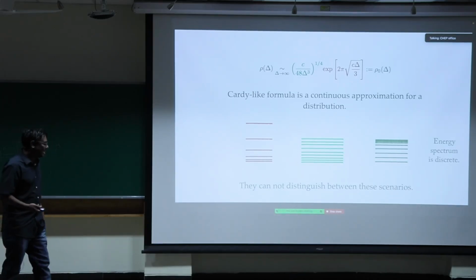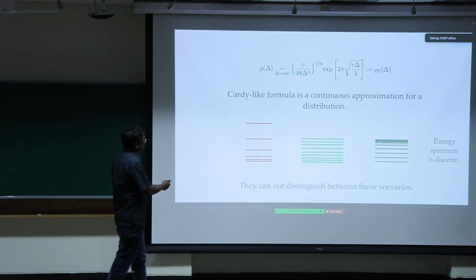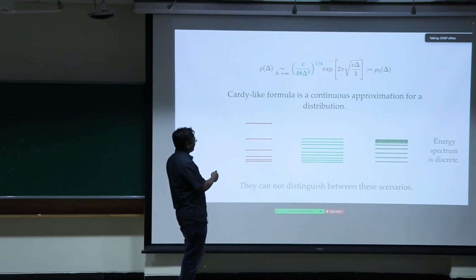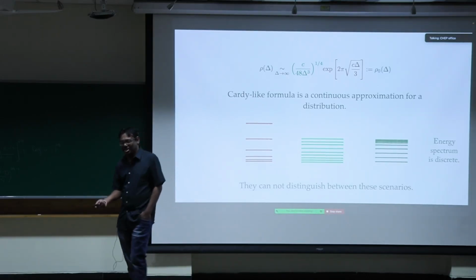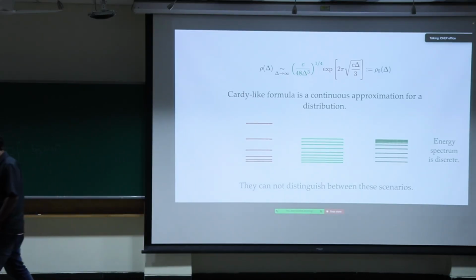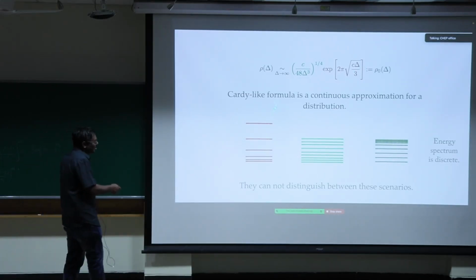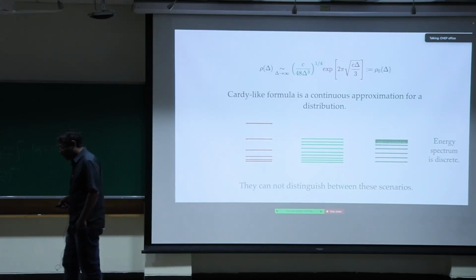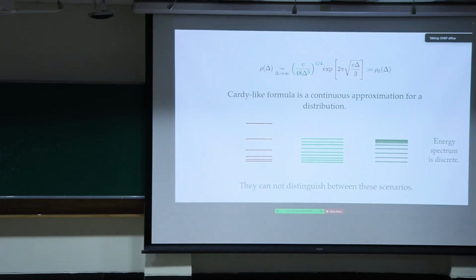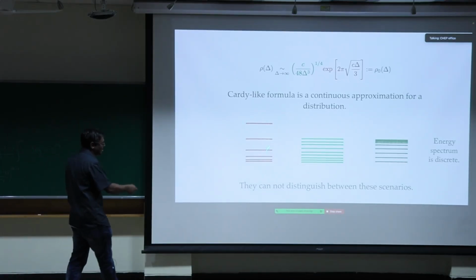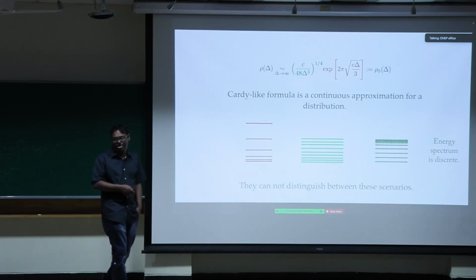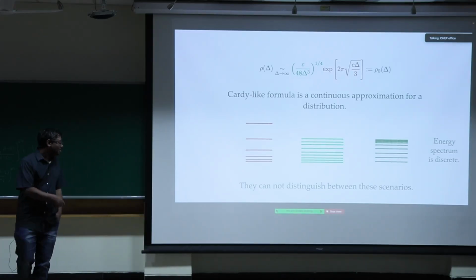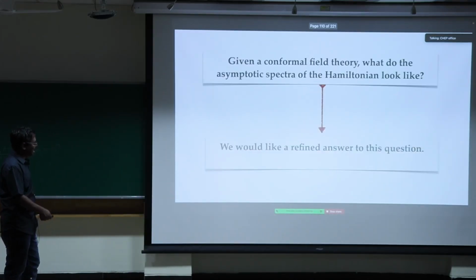And in fact, if you are very careful, you would have asked me that the CFT has a discrete spectrum, it is a distribution. How can you approximate a distribution with a continuous function? And this is not possible. So the Cardy formula is basically a continuous approximation of the distribution. So you want to understand this approximation better, and in the process of understanding it, you would hope to understand these three possibilities and which one is possible and which one is not. So we would like to do that.